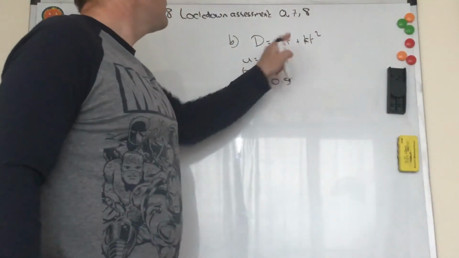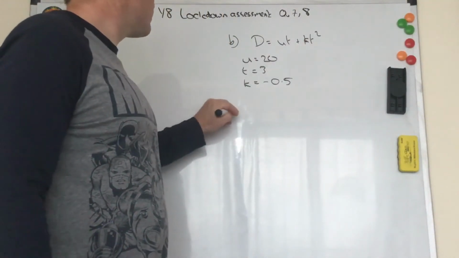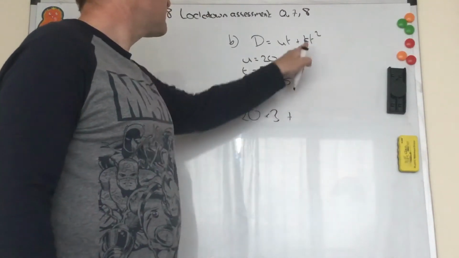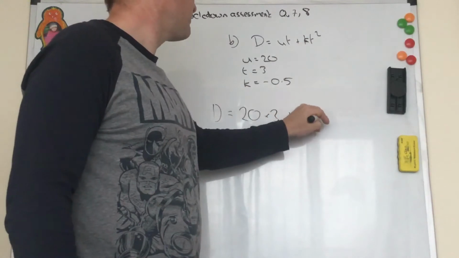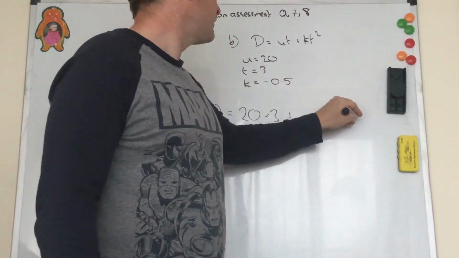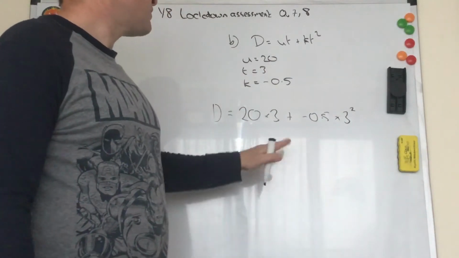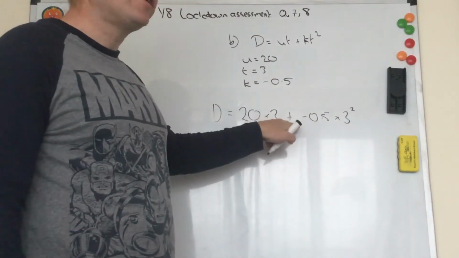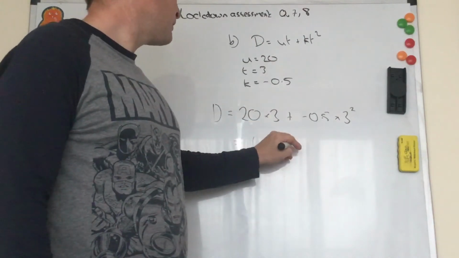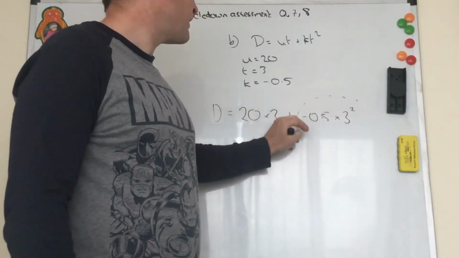Okay, it needs to be very clear what you're doing. So d equals u times t, so 20 times 3, plus k minus 0.5 times t squared, and t is 3 squared. So we'll sort out things both sides of the plus sign first. 20 times 3 is 60, plus, we need to sort out this over here.